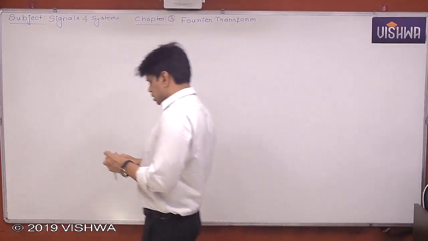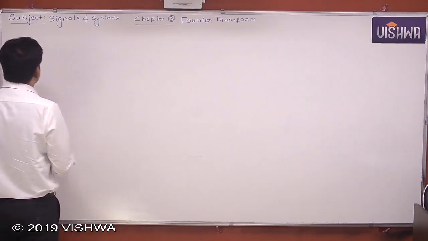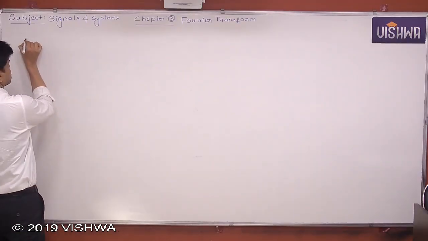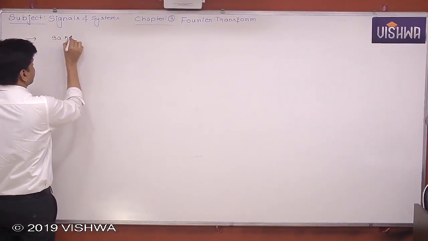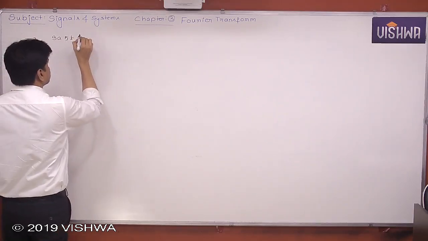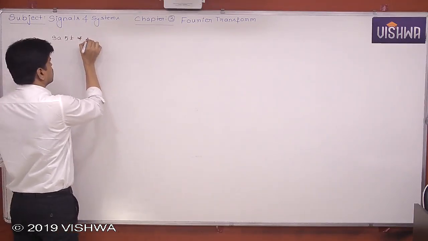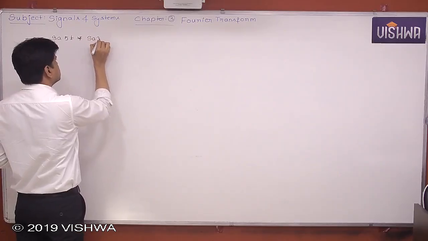Suppose it is asked like this, let's say sampling 5t convolution with sampling 3t.